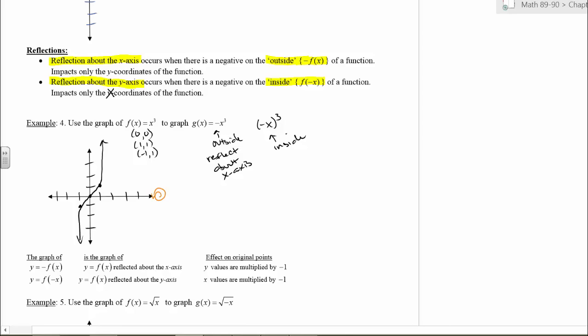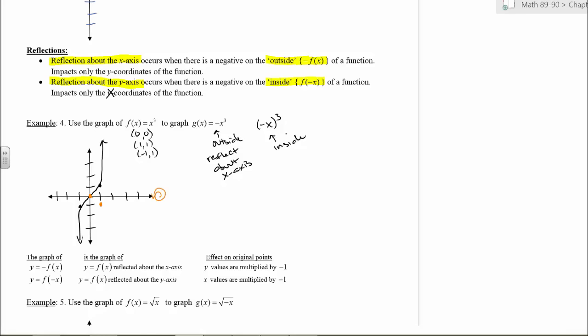So this point right here, 1, 1, is 1 unit above the x-axis, so he's going to flip down, or reflect down, so he'll end up 1 unit below the x-axis. Now 0, 0 is on the x-axis, so anything on an axis of reflection just reflects back onto itself.